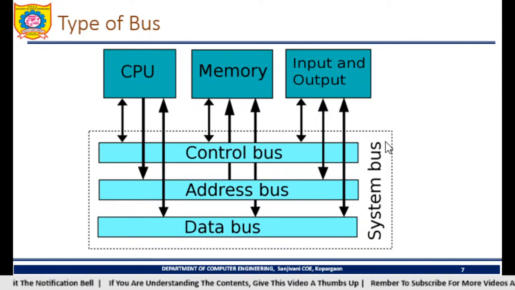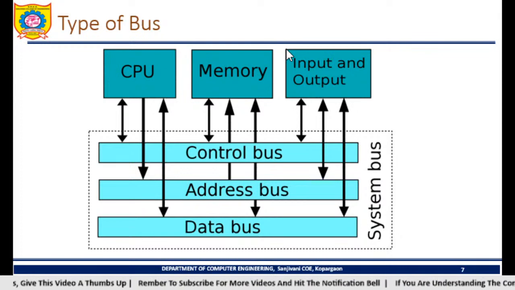This is the system bus, you can see, which is divided into control bus, address bus and data bus. Okay, so the data bus is responsible for communicating data to CPU, memory and input output devices. Address bus is responsible for the address, which comes either from the CPU, which is found in memory, or the address comes from an input output device, which is found in memory.